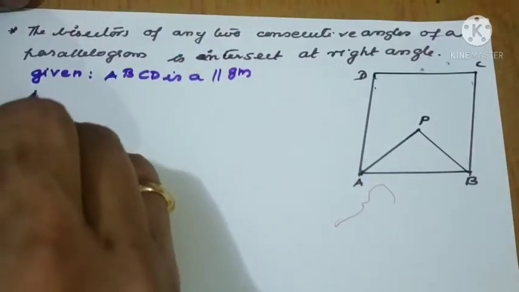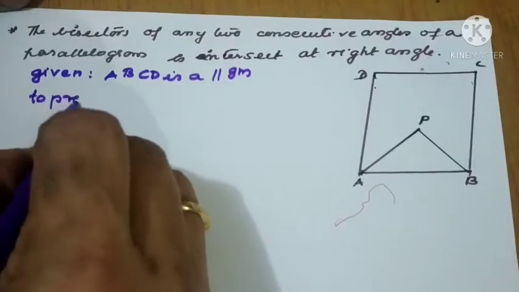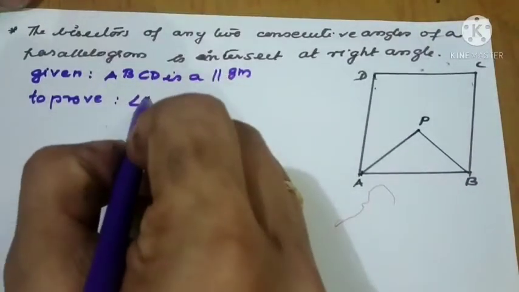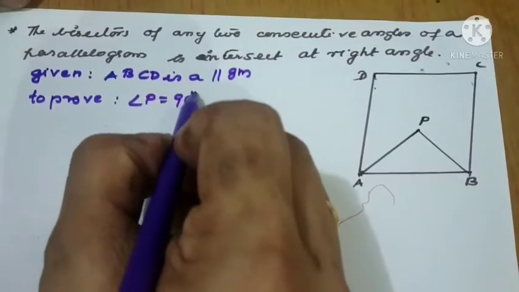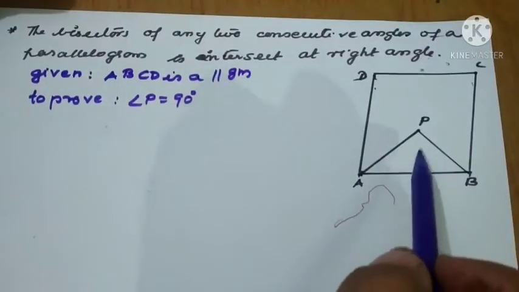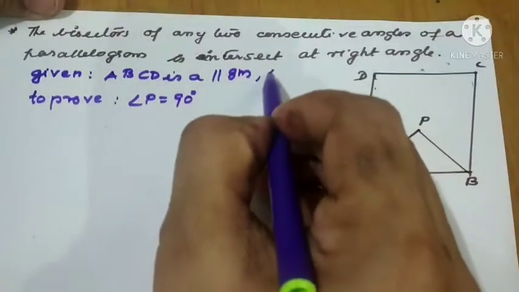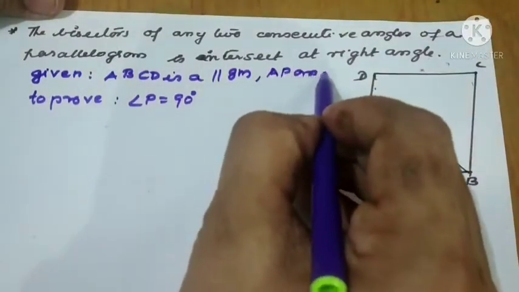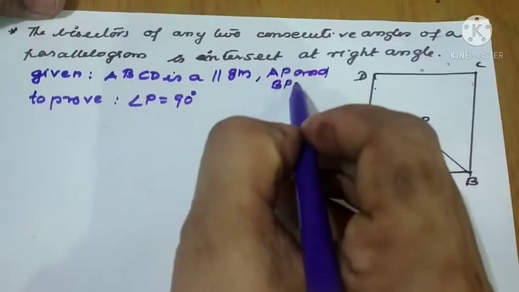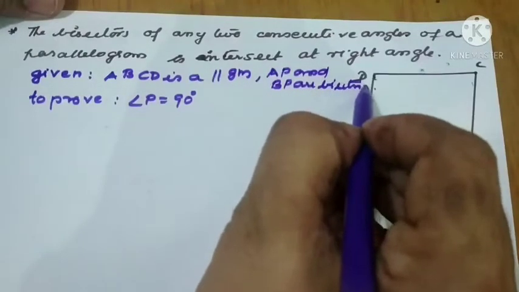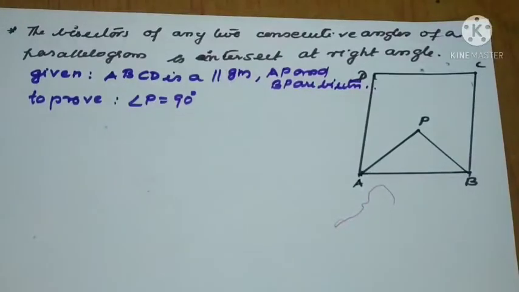To prove angle P equal to 90 degrees. Here we can write AP and BP are the bisectors.